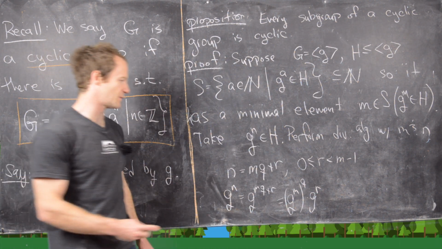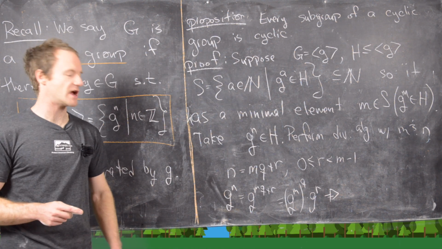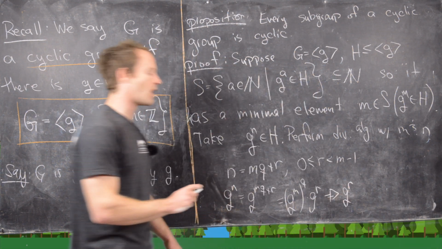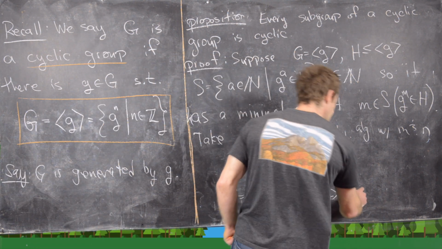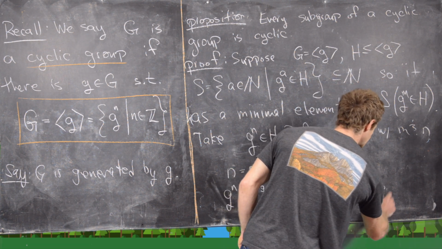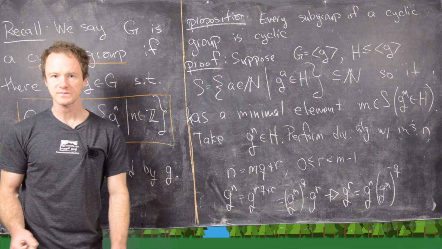Good, just by some exponent rules. But now, notice we can solve this equation for g to the r. That tells us that g to the r is equal to g to the n times g to the m to the minus q.